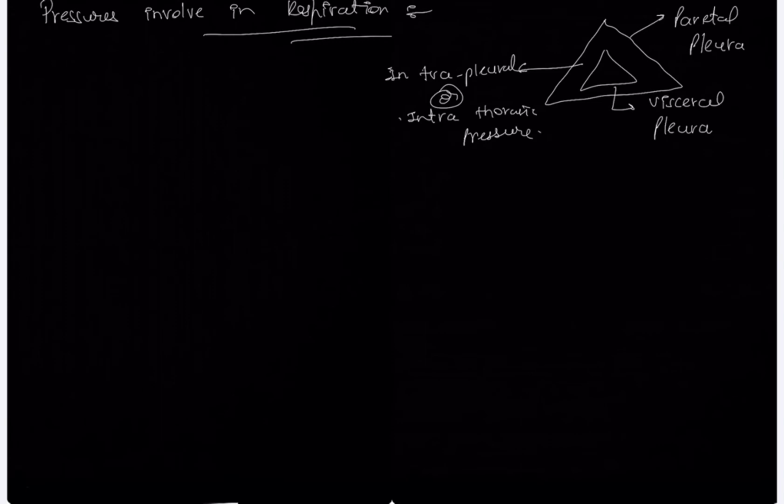This intrathoracic pressure, between the parietal layer and the visceral layer of the lung, is always negative.